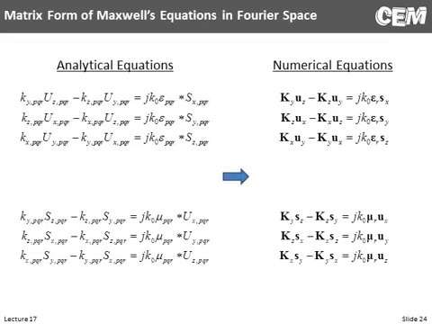The thing to remember that's different before, when we were in real space, these bold epsilons were diagonal matrices, doing point-by-point multiplications. Since we are in Fourier space, these are not the same matrices. These are now convolution matrices. The same goes for mu.